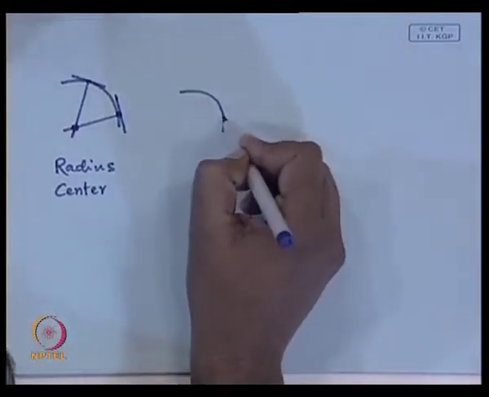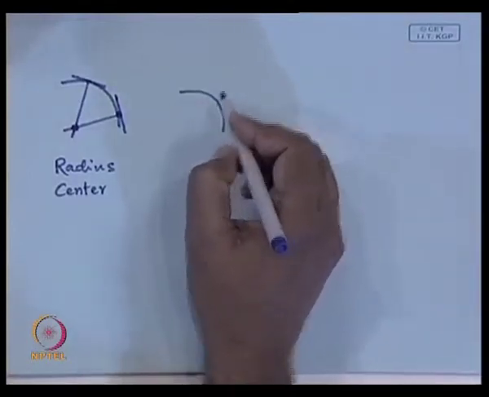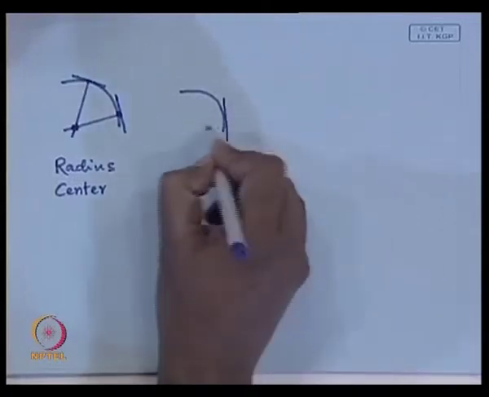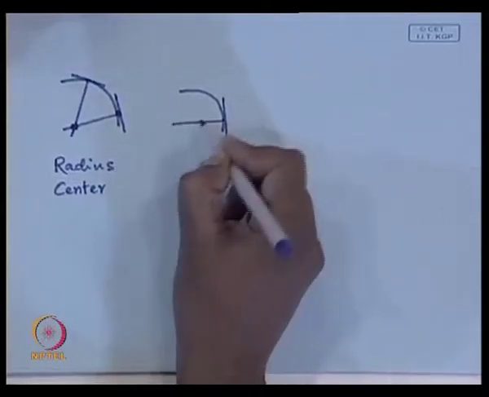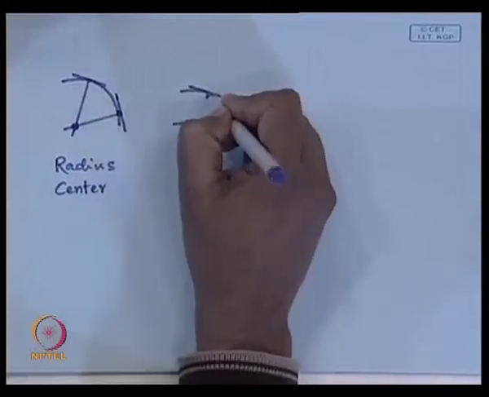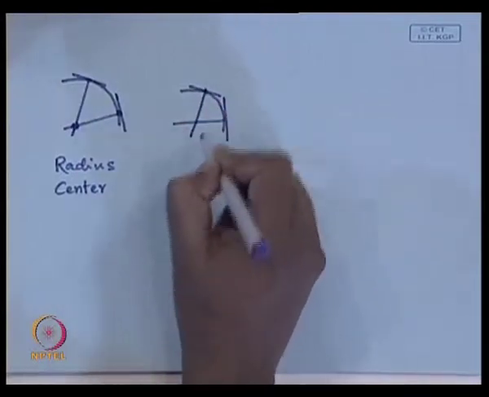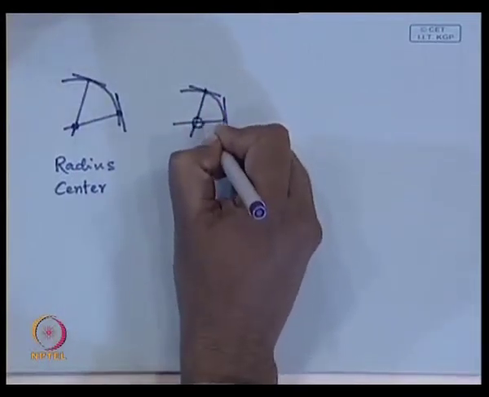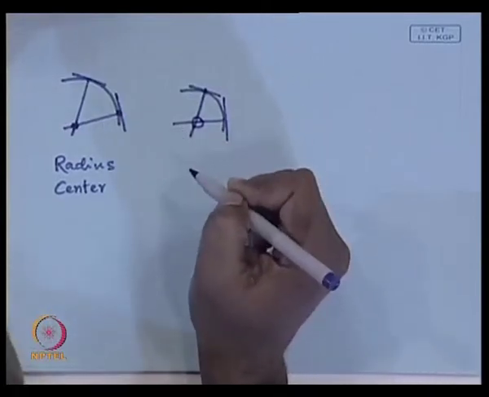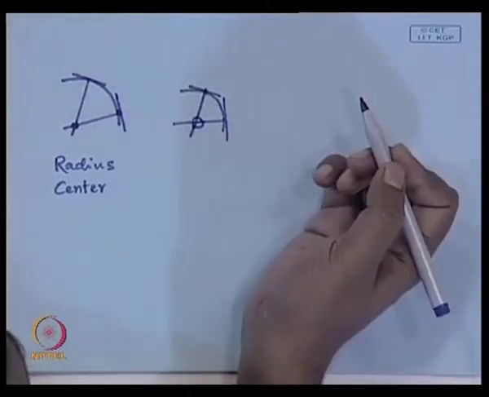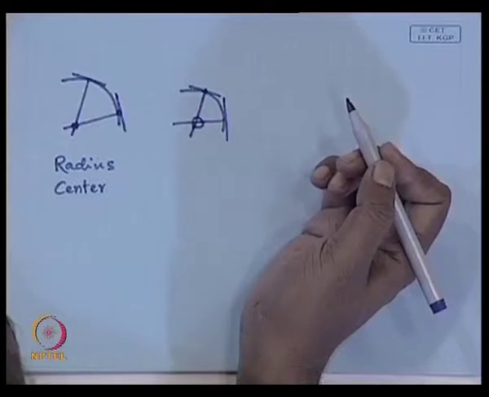Similarly, if I perform the same task for the second circular arc, taking perpendiculars from 2 points on the circle, I can find out the location of the center, and once I have the location of the center, I can find out the radius of the circle. Okay.